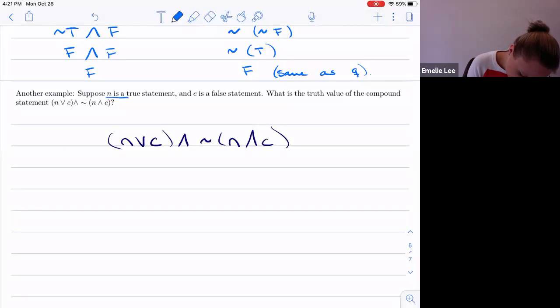Remembering that N is true and C is false.